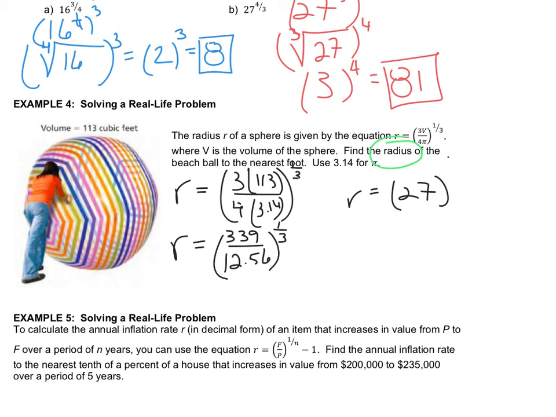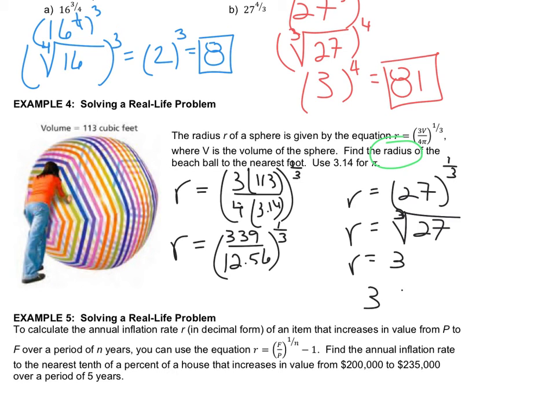So I'm going to round it, partly because I know this is a perfect cube. So then my radius is going to be the cube root. Remember, the root, the denominator goes into the index. And then that's going to tell me that the radius, 3 times 3 times 3, to the nearest foot.